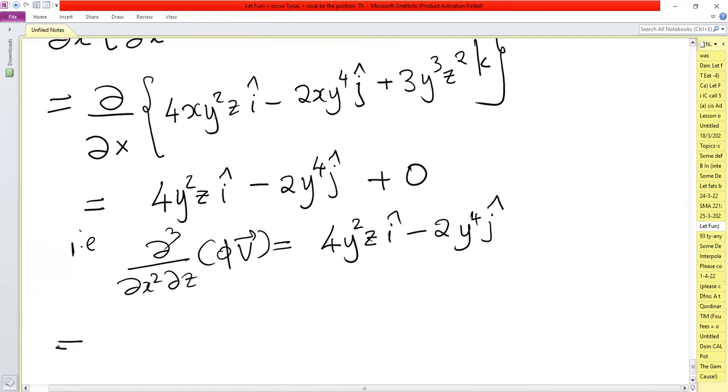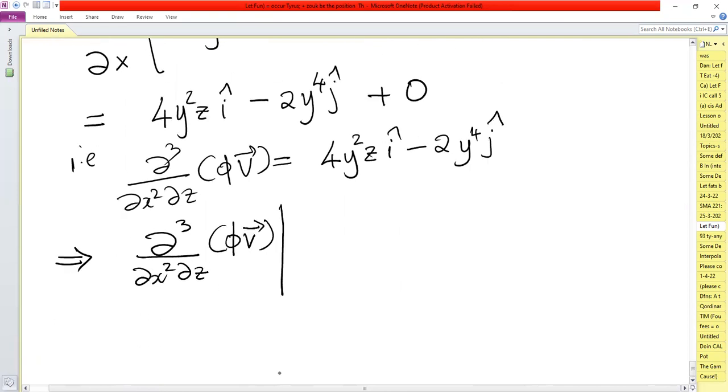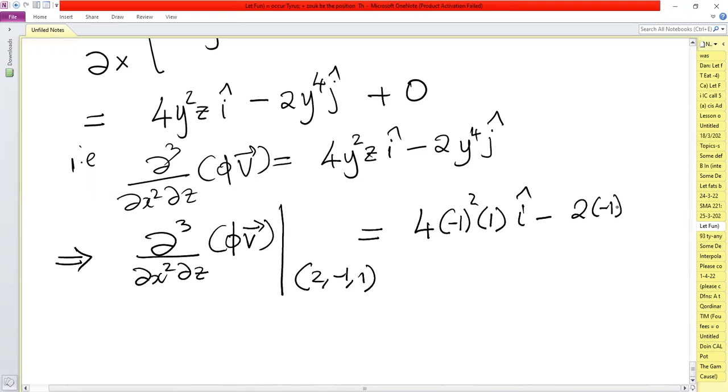Now, which implies that partial cubed partial x squared partial z of phi v at the point specified, 2, minus 1, 1, we get 4 times minus 1 squared times 1 i minus 2 times minus 1 power 4 j, which will give us 4i minus 2j.